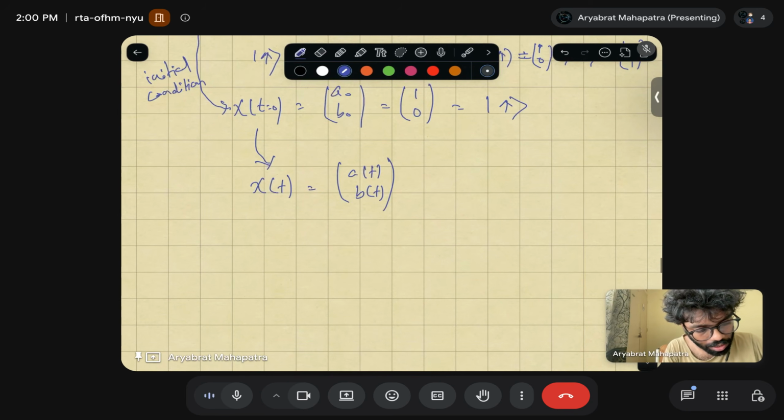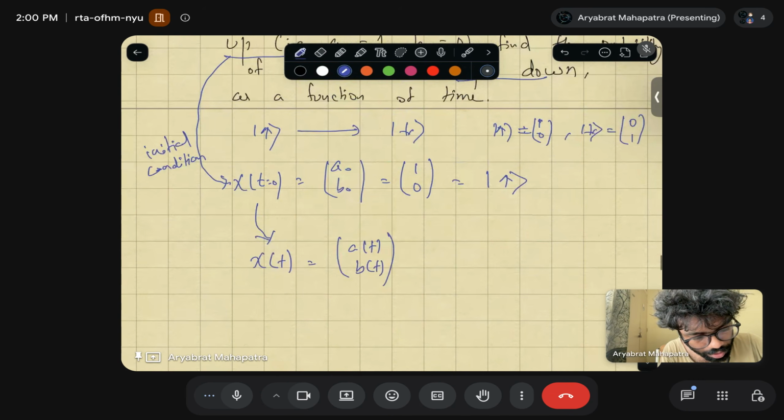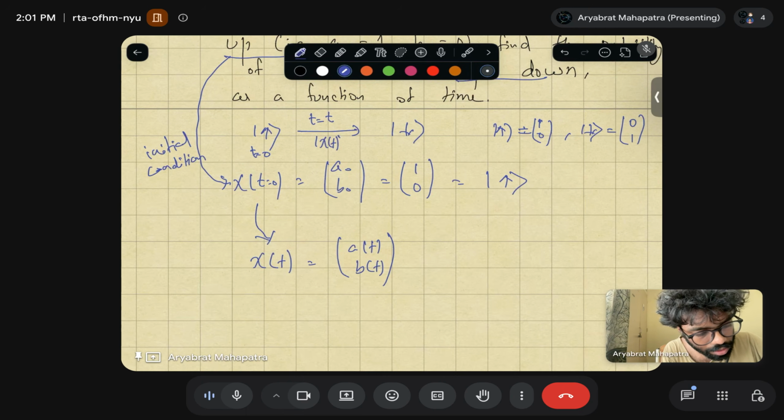So this is at t equals to 0, then at t equals to t, you will have chi of t, and let's say this is your final time, t equals to tf. At final time, you want to have this spin down.